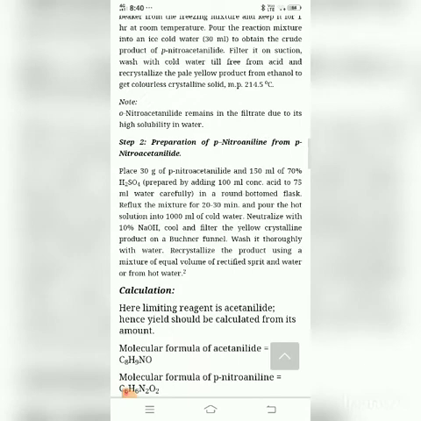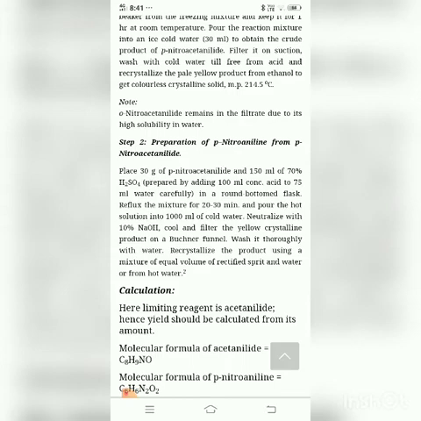Step 2 is the preparation of p-nitroaniline from p-nitroacetanilide. Place 30 gram of p-nitroacetanilide and 150 ml of 70% H2SO4, which is prepared by adding 100 ml of concentrated acid to 75 ml of water carefully, in a round bottom flask. Then reflux the mixture for 20 to 30 minutes.